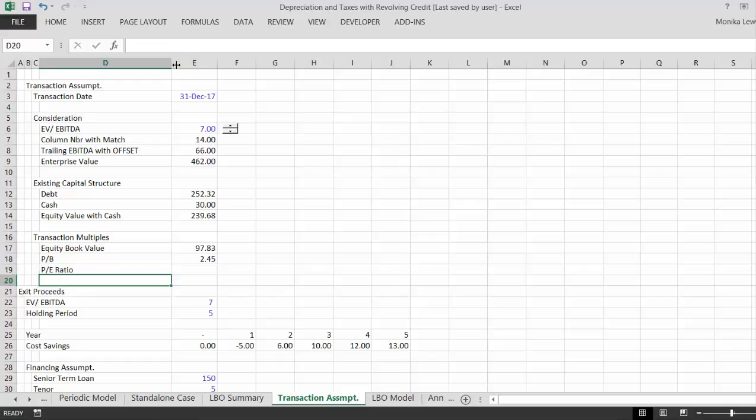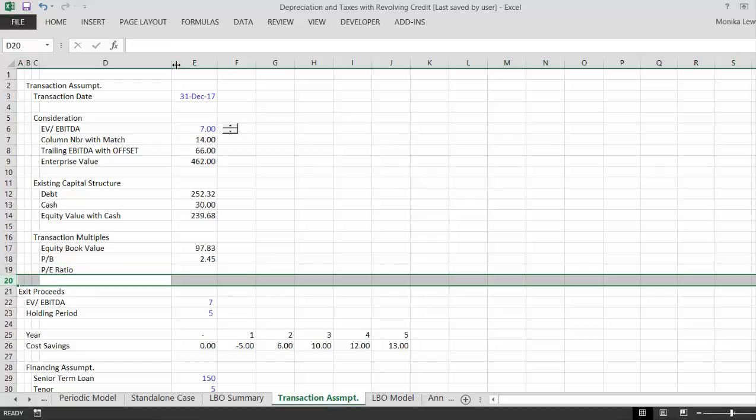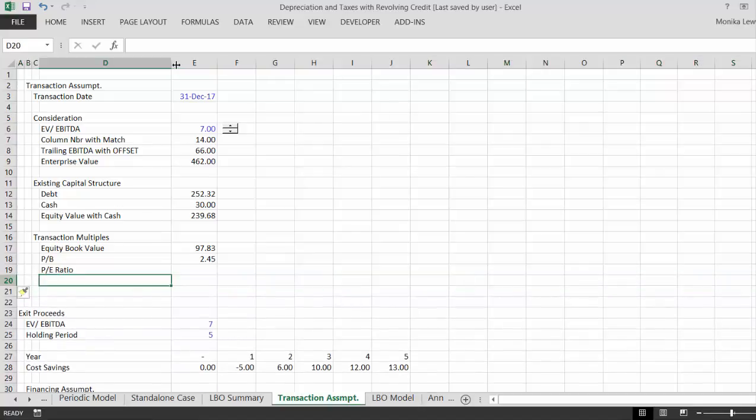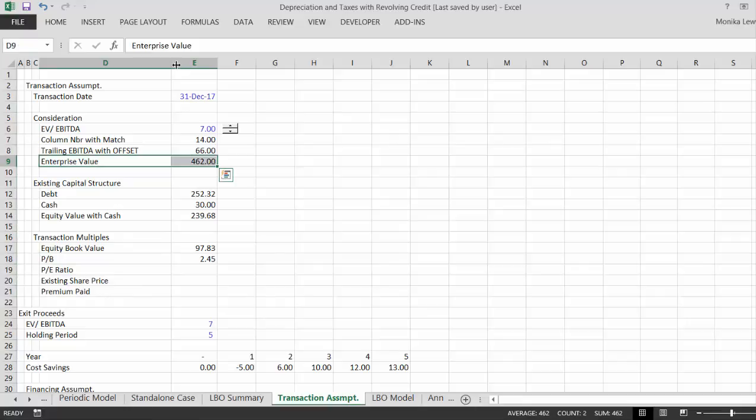Now if we pretend that they had an existing share price, we could also then put the premium for the transaction. Okay, so we should probably circle a couple of these.